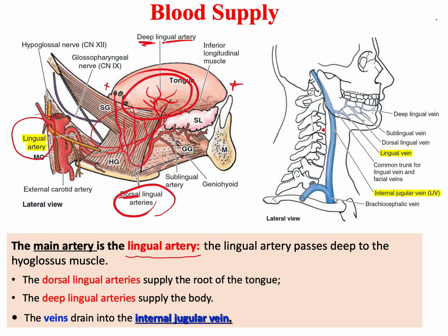Now let us follow the venous drainage. Again, look at it here. The dorsal, let me use another pen. Okay, the dorsal lingual vein and the deep lingual vein unite to form the lingual vein.